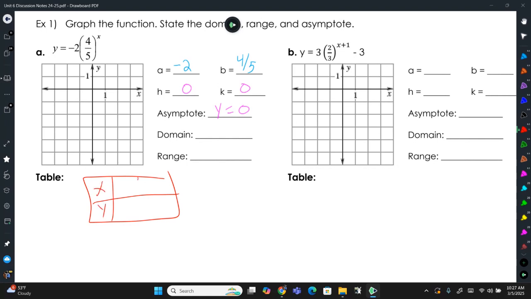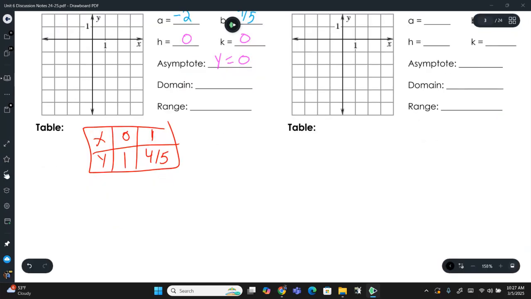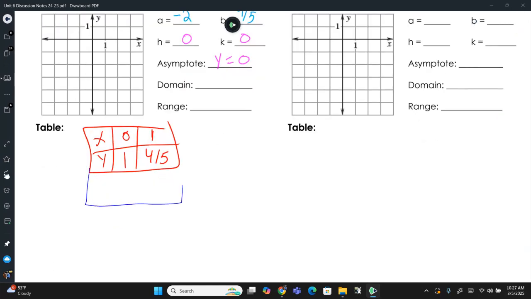X, y, 0, 1, and then 1, b, which is 4 fifths. Now we're going to multiply everything by our a value, which is negative 2. 1 times negative 2 is negative 2. 4 fifths times negative 2 is negative 1.6.